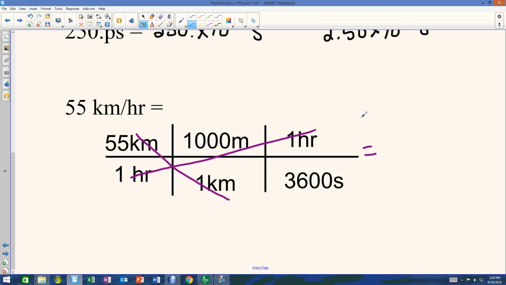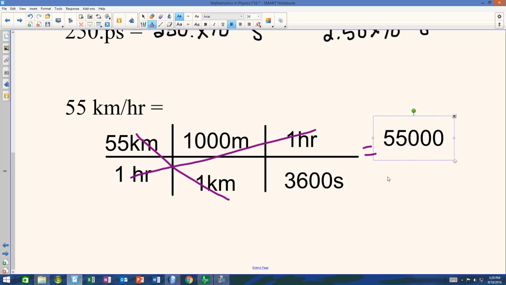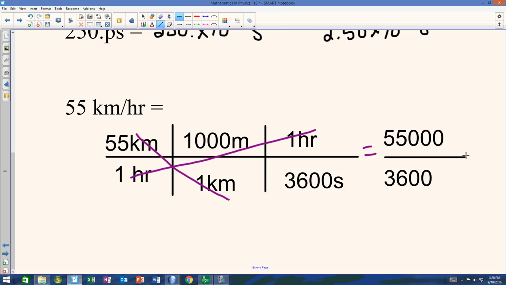So let's see what we get. We end up with 55,000 divided by 3,600. Okay, and so let's go ahead and put that in your calculator. You probably can do that in your head. I can't, so I'm not going to.